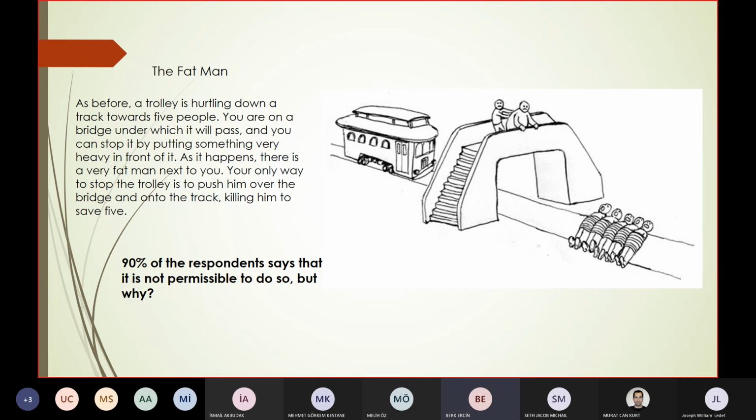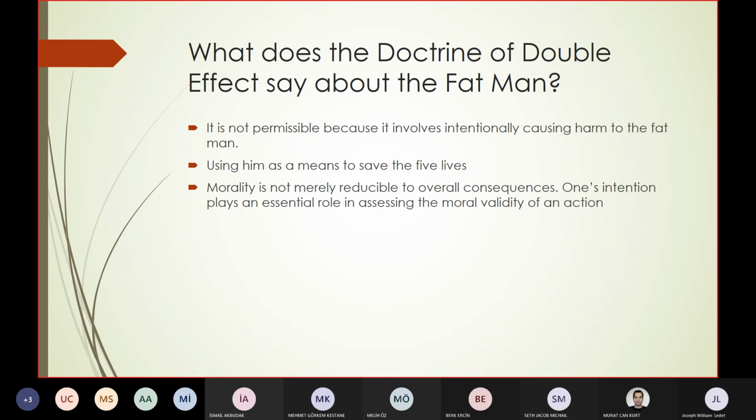And we must explain the moral difference between these two cases. So let's try again, and let's again implement the doctrine of double effect and see if it has an answer for this situation.